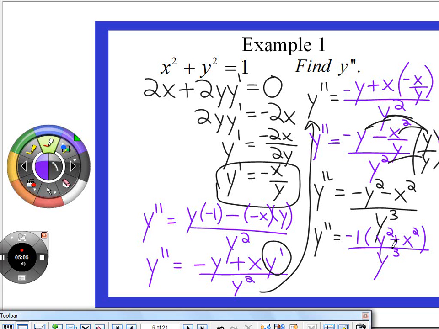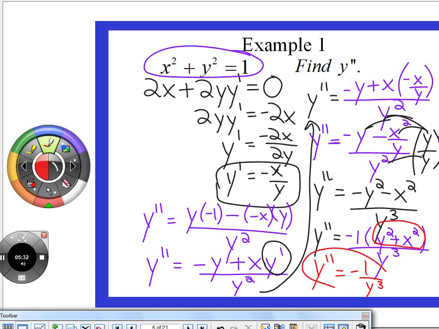And you might remember that the original problem says x squared plus y squared equals 1. So we can replace y squared plus x squared here with 1. So our final best answer would be negative 1 over y cubed. Okay?